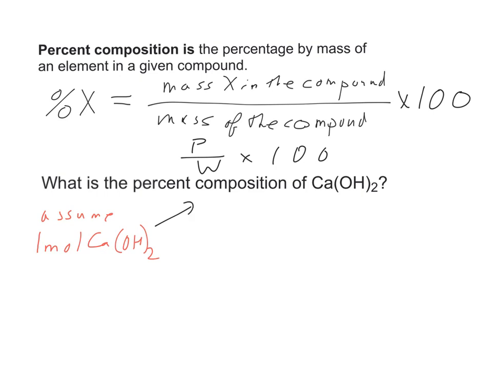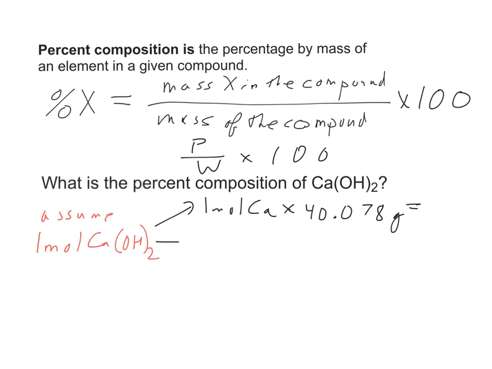If I have 1 mole of calcium hydroxide, then I have 1 mole of calcium, and according to my periodic table, that 1 mole of calcium has a mass of 40.078 grams.